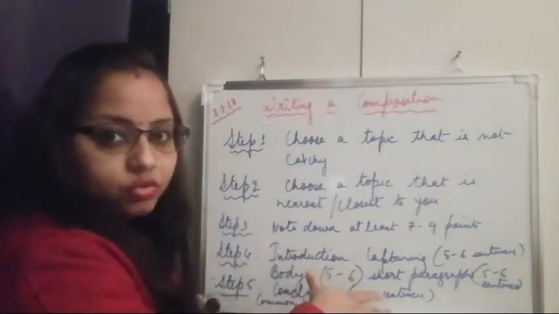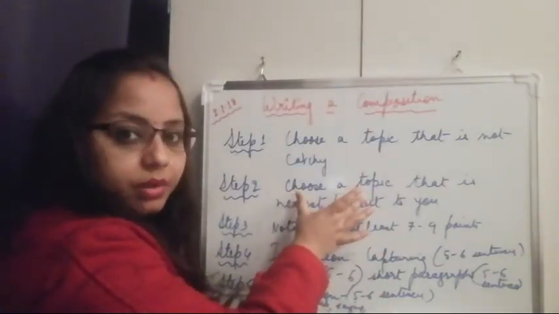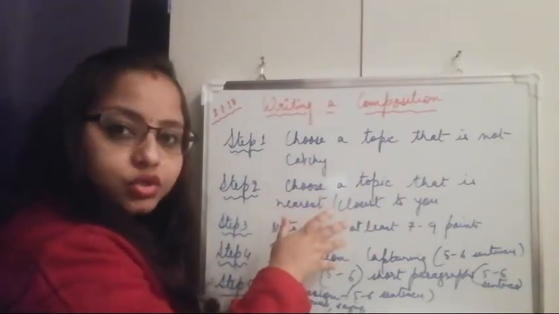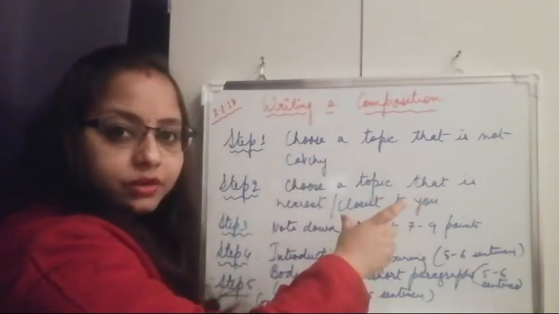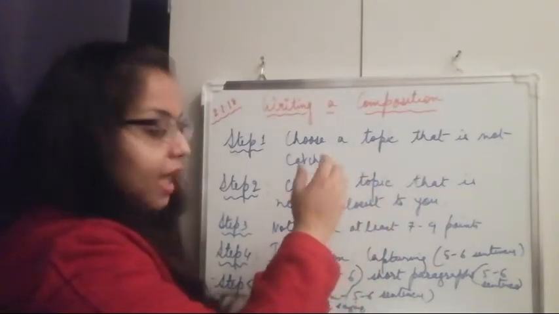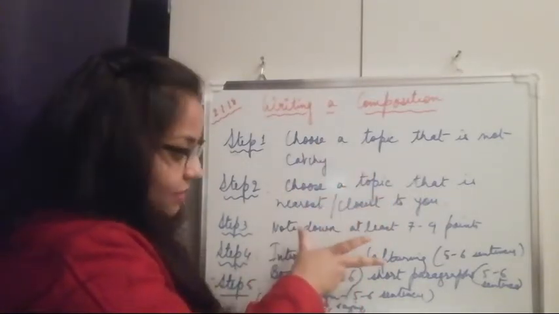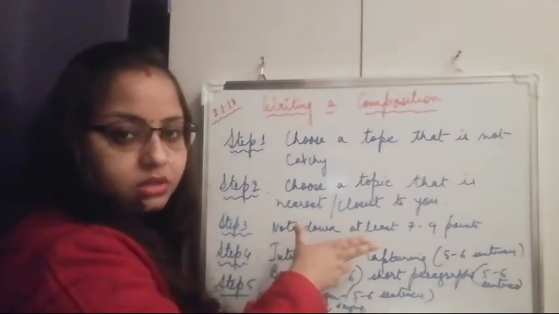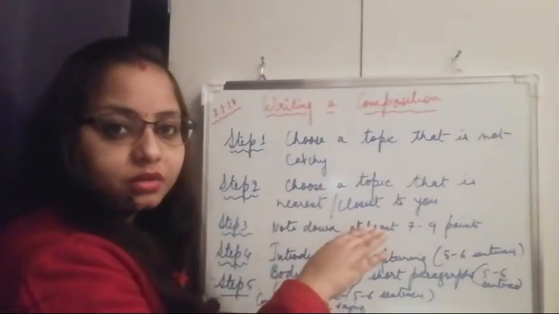Suppose this is your answer script. Go to the middle of the answer script. You are in the conclusion. I repeat, you are in the conclusion. You have started your conclusion with a very catchy line. Drop a line. Write your own saying in the middle, your concluding statement, and end it up with 3 dots.